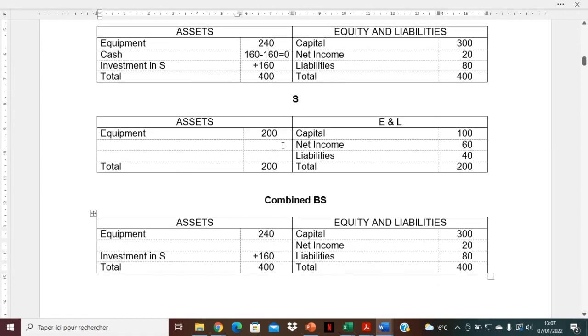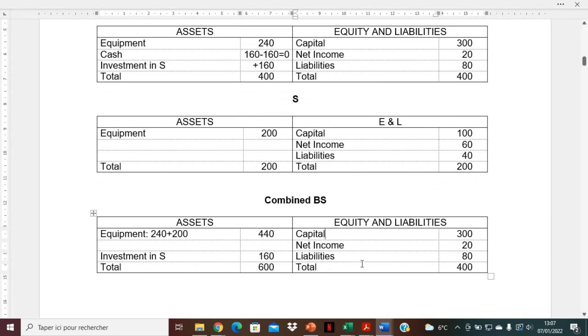They are already there, but now I will add all the numbers of the subsidiary. Okay, so parent equipment is 240, subsidiary equipment is 200. So that means in total I have 440 of equipment. I have no cash, I have the investment. Okay, so that means we have in the combined balance sheet total assets of 600.